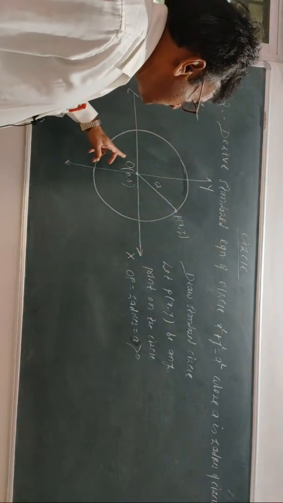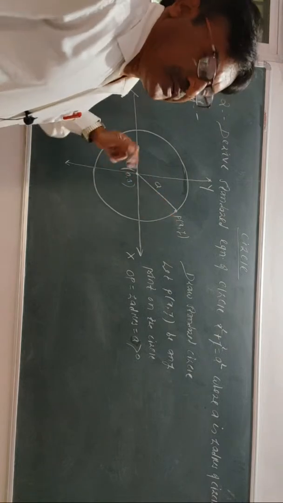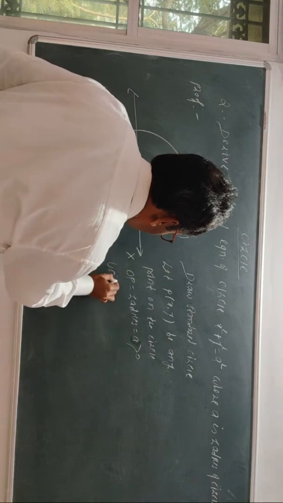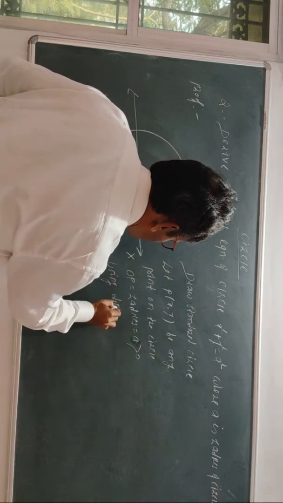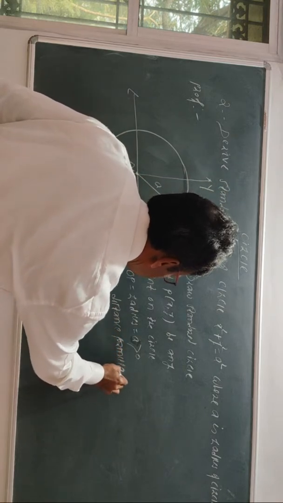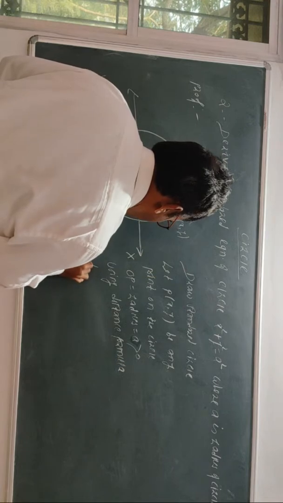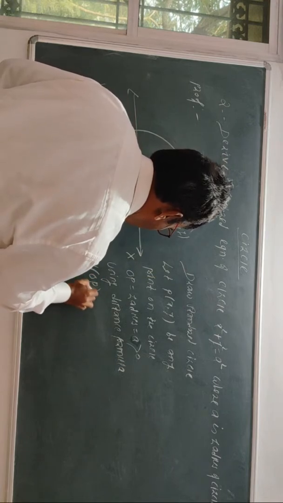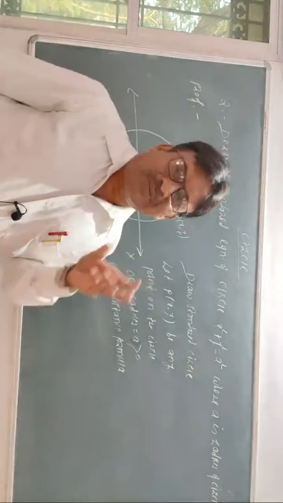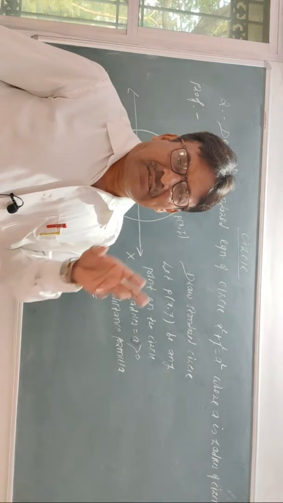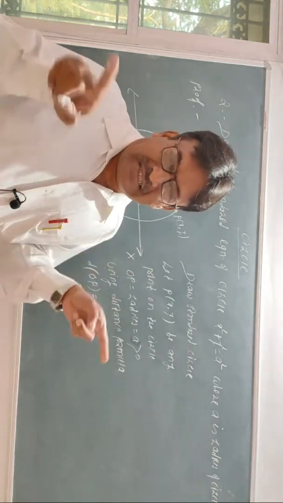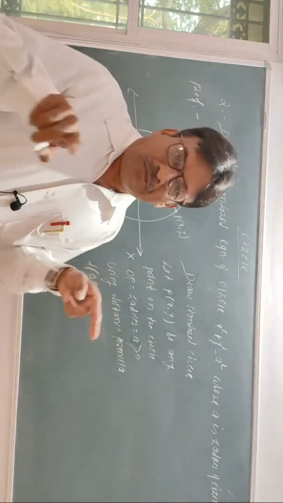Then by using the distance formula, we find the distance OP. Distance OP is equal to, we know the distance formula, that is under root (x2 minus x1) whole square plus (y2 minus y1) whole square, where (x1, y1) and (x2, y2) are the coordinates of the endpoints of the line segment AB.